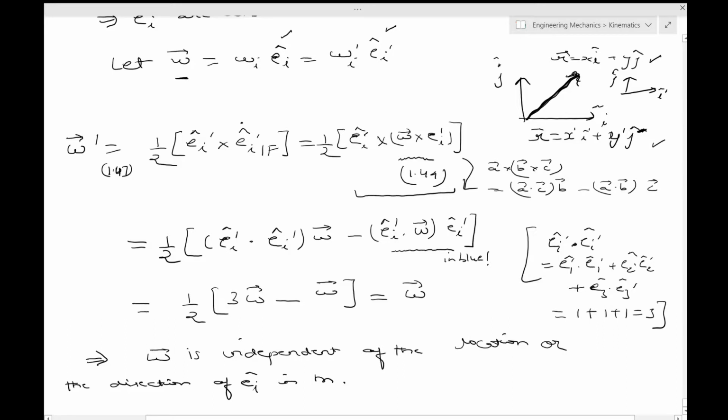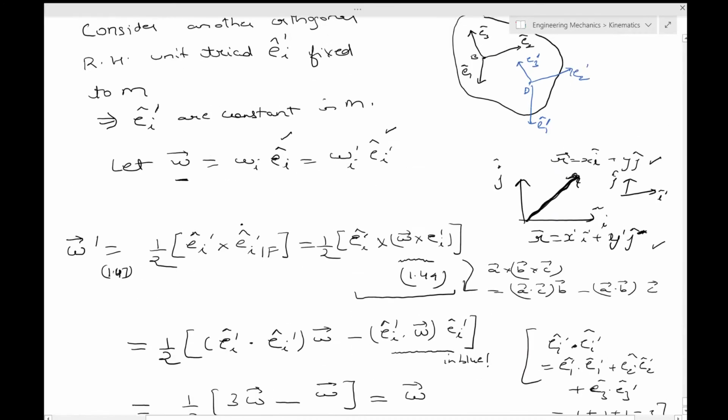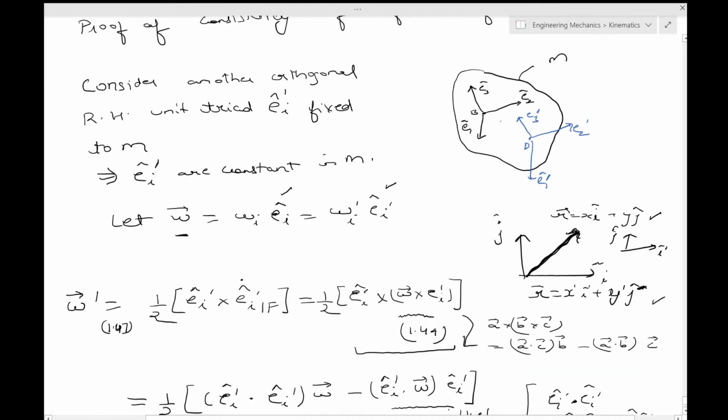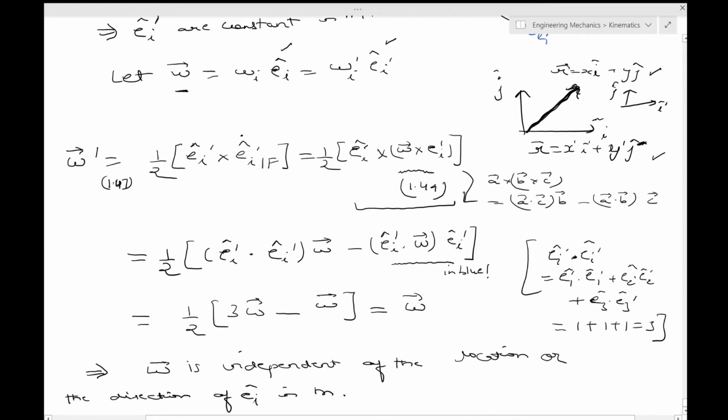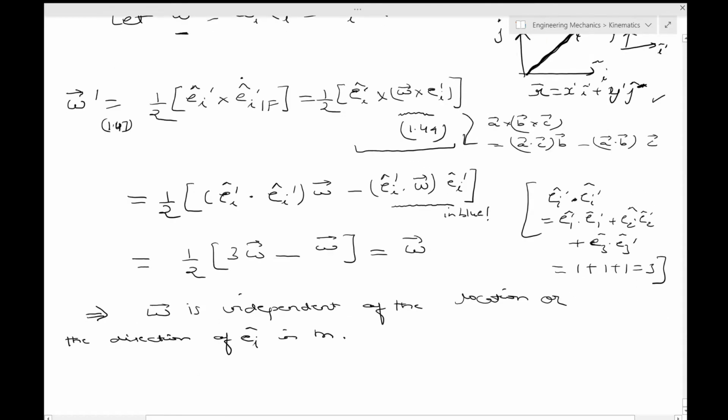Okay, so the omega is unique no matter where you attach your coordinate system in M, either the black one or the blue one, or how you orient it, like you can see in black and blue, the omega will remain the same because omega dash has come out to be equal to omega.